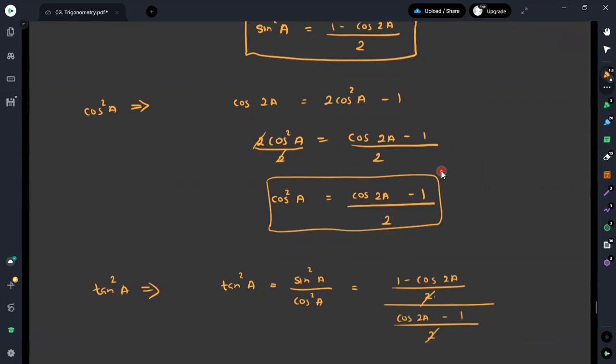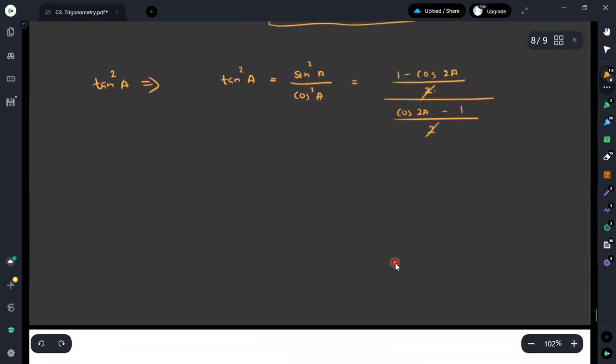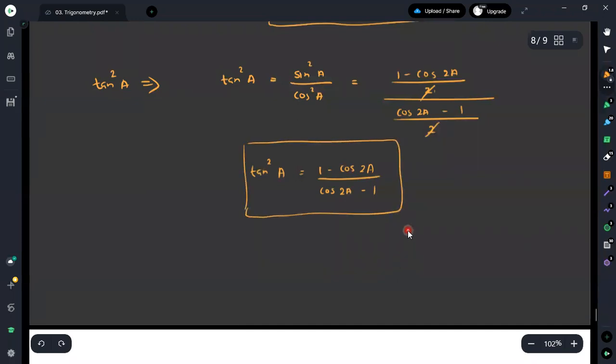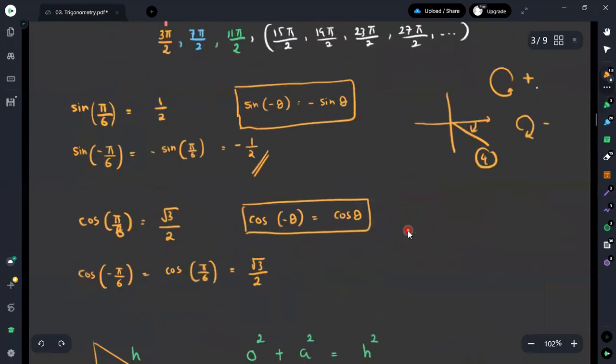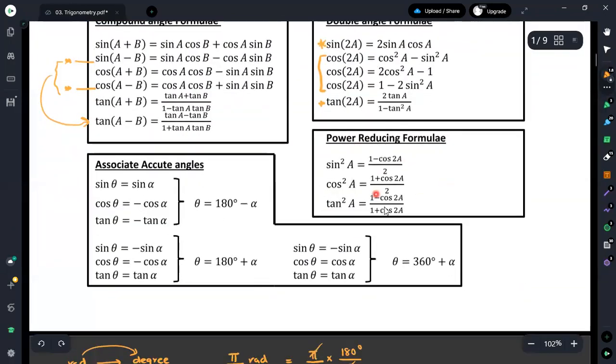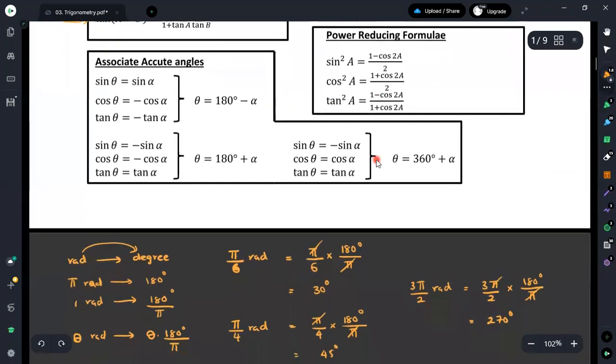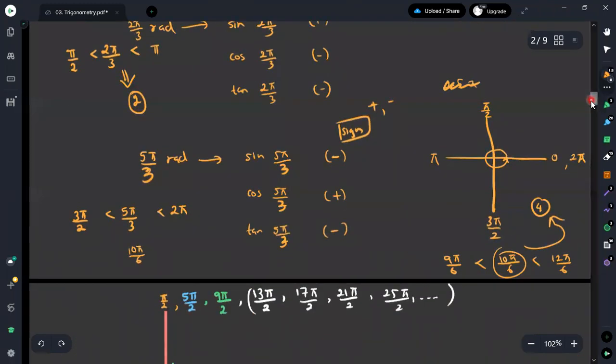Then we can take this as the next formula. Therefore, tan squared A is equal to (1 minus cosine 2A) divided by (cosine 2A minus 1). Now you can see that these are the equations that we are using as the power reducing formula to get an equivalent equation for tan squared A. We have simply taken the ratio between sine squared A and cosine squared A.